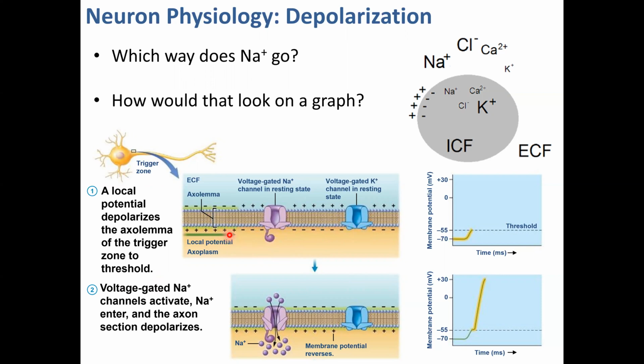Now, when this positive charge reaches this channel, it is voltage gated. So when voltage changes to minus 55, this channel opens and sodium rushes in. Lots of positive charges rush in, so it's a very steep change in voltage. It goes from minus 55 to plus 30, and this is called depolarization.